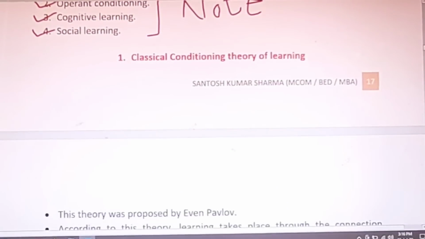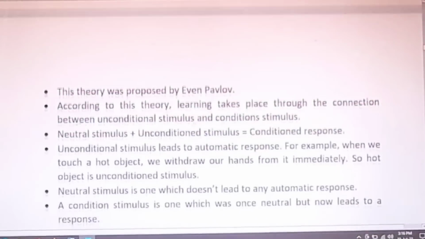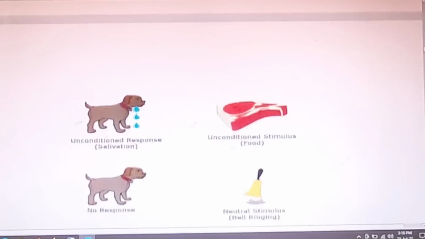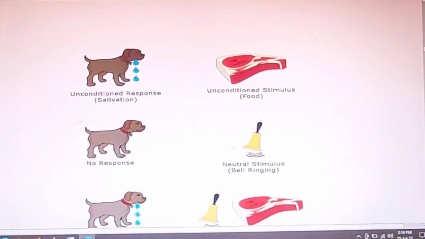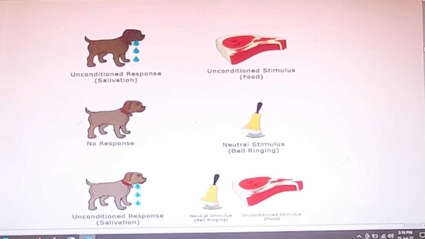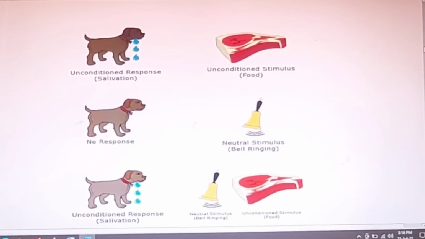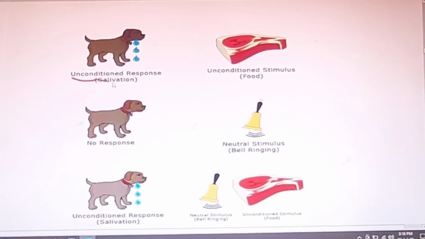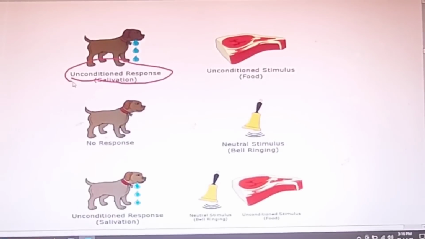Classical conditioning, I explained in previous videos, so you must watch all those videos. These are all diagrams showing classical conditioning. Like here, the dog watches the meat and gets salivated. So this is the unconditioned response of the dog.